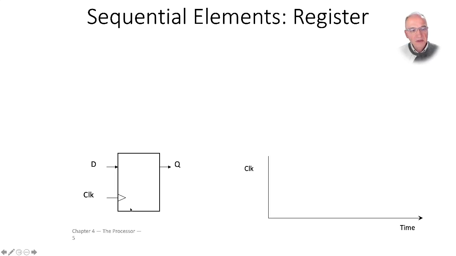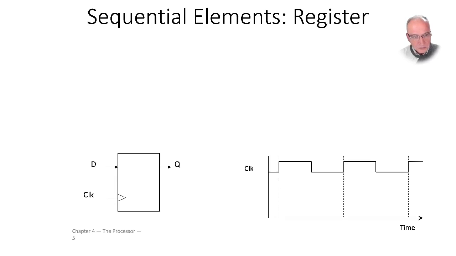If I have time here and the clock here, as we have seen already in our performance unit, the clock is a regular signal that keeps changing between low and high at very regular intervals. The time between two consecutive transitions from low to high is called the clock period.